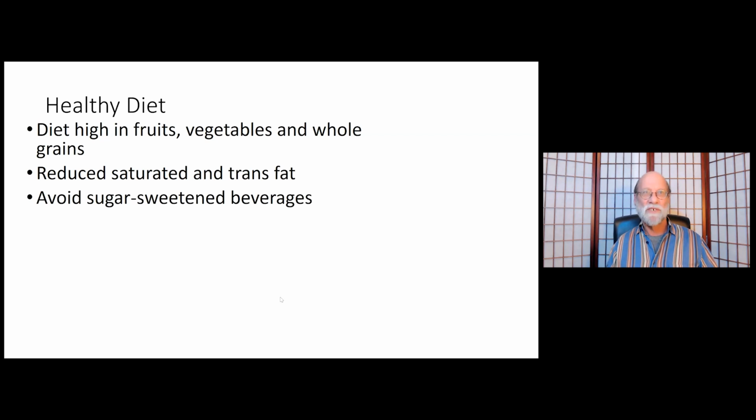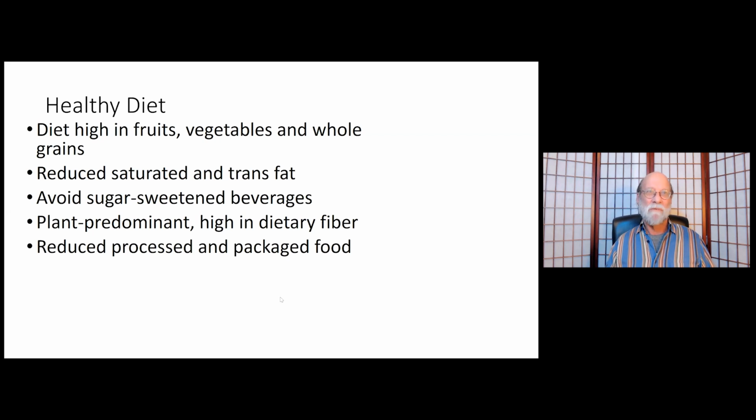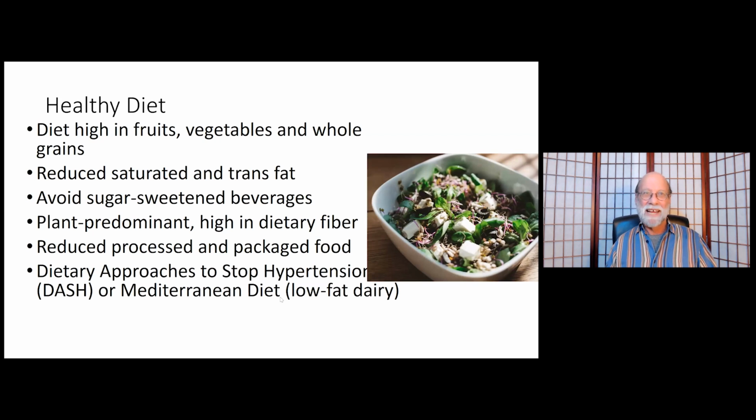We need to avoid sugar-sweetened beverages when we can, and eat a plant-predominant diet that's high in fiber. We need to also think twice about how much processed or packaged foods we allow into our diet. And then, as I mentioned before, a couple of important starting places are these diets called a Mediterranean diet or a dietary approach to stop hypertension, or DASH.